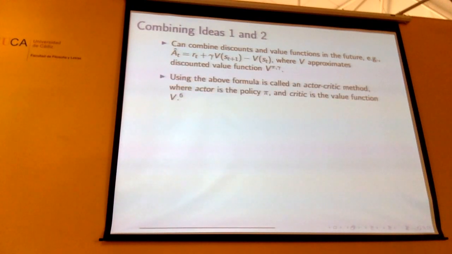And then you get this formula right here. This formula has been used a lot, and this is what's called an actor-critic method. The reason it's called that is the policy is referred to as the actor, and the value function is the critic, because it's sort of saying whether the actor did the right thing or not.